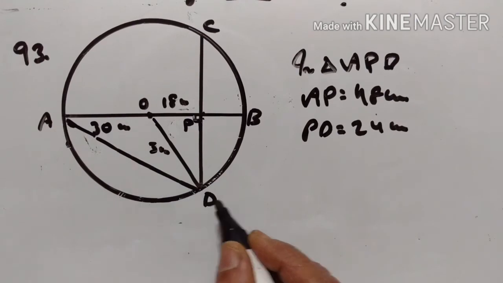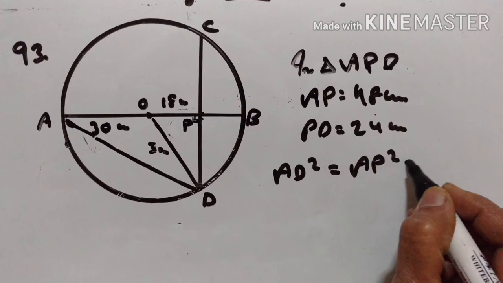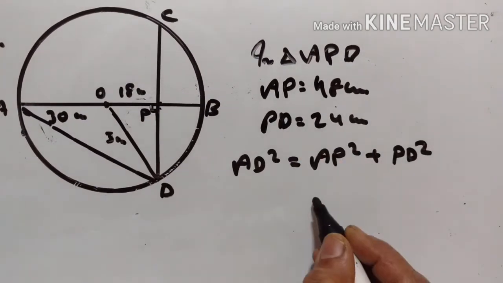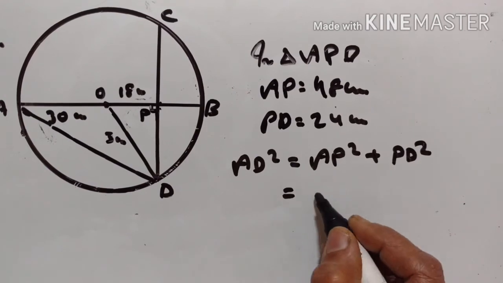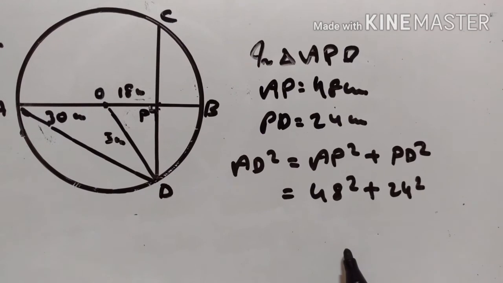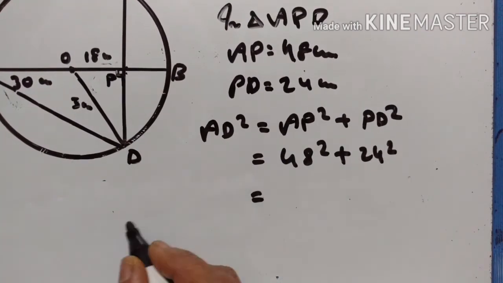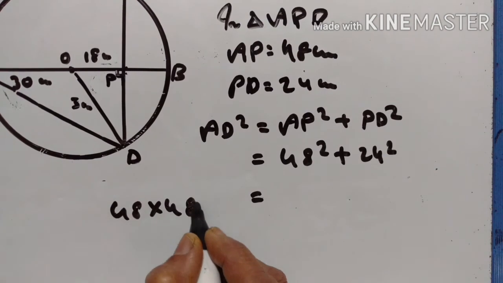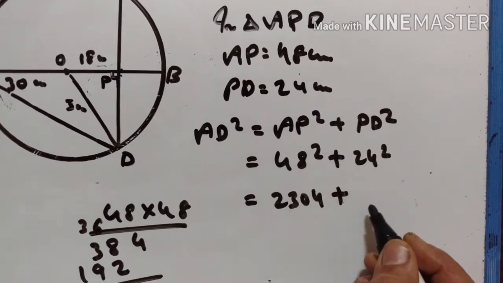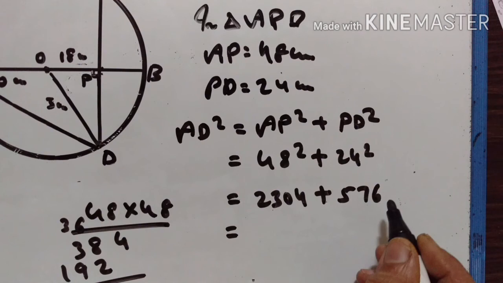So, AD squared is equal to AP squared plus PD squared, 48 squared plus 24 squared. 48 squared is 48 into 48, 2304, plus 24 squared, which is 576.